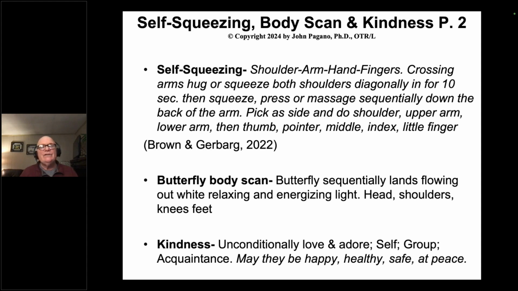So your head and your face and your neck have been bathed in white light and they're energized but relaxed. Now the butterfly has flown onto your right shoulder. White light comes down into your shoulder blades, your upper arm, lower arm, and each finger.